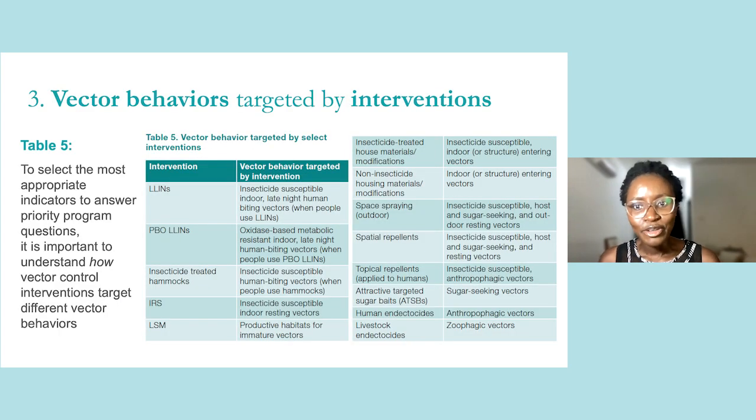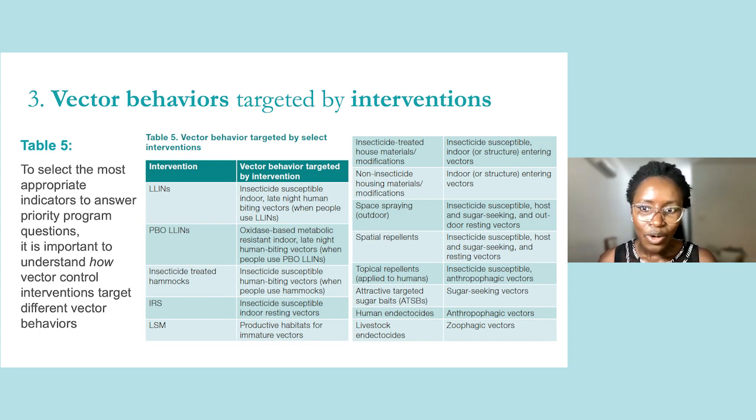Our third and final topic of Module 3 is vector behaviors targeted by interventions. To select the most appropriate indicators to answer priority program questions, it is important to understand how vector control interventions target different vector behaviors. Table 5 in the ESPT identifies the specific vector behaviors targeted by different vector control interventions.